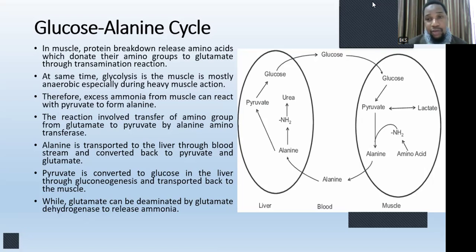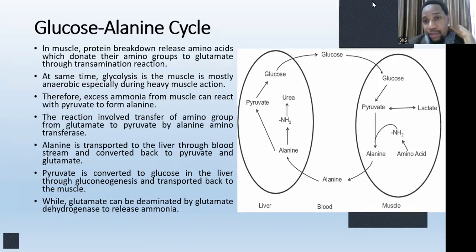The glutamate formed from the transamination reaction can undergo another reaction. Because we have a high glutamate and we have pyruvic acid, glutamate can react in the muscles with pyruvate by alanine aminotransferase, so that the amino group is transferred from glutamate to pyruvate to form alanine.